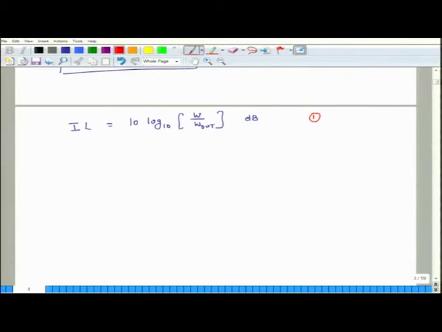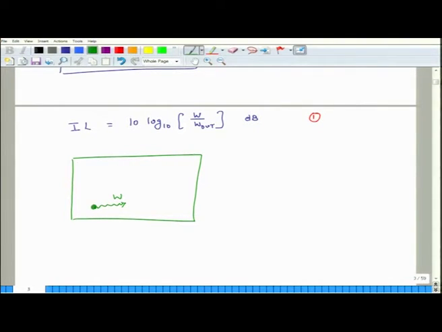Okay. Now, what we are trying to understand is how do we figure out this ratio for a large enclosure. Now, consider an enclosure, okay, and there is a machine or a sound source, and it is emitting W watts of energy per second, W joules per second, or W watts of power.